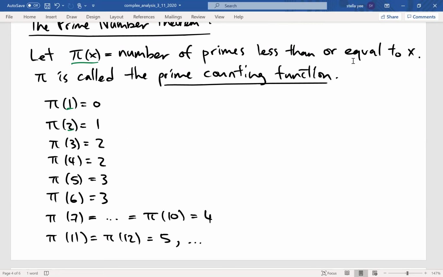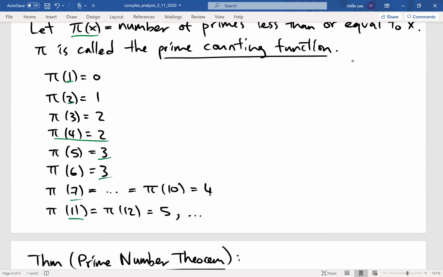So the prime counting function does not increase at 4. 5 is a prime. 6 is not a prime. 7 is a prime. So pi of 7 is equal to 4, but you won't get another prime until 11. So pi of 7 through pi of 10, they're all equal to 4. Pi of 11 is 5, and so on. I hope that makes sense.